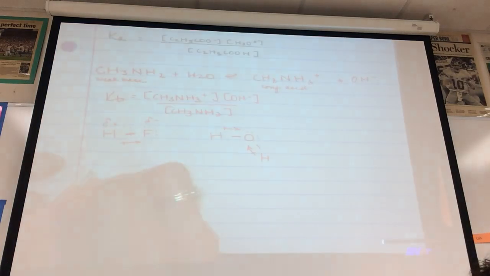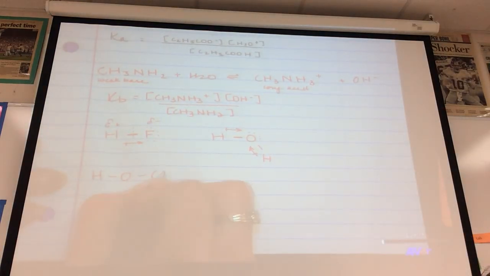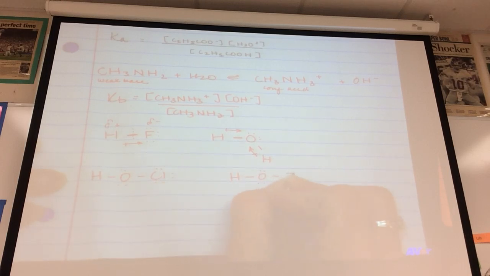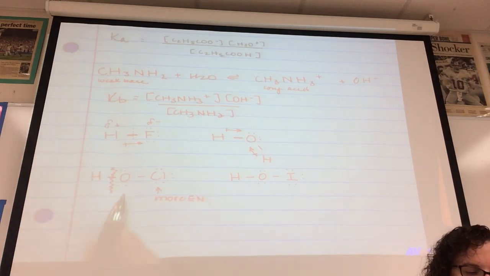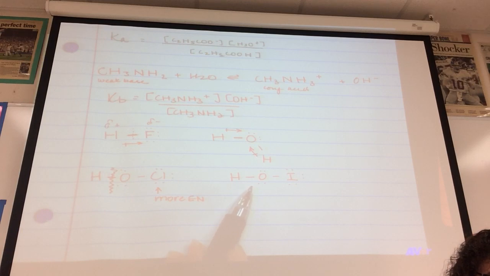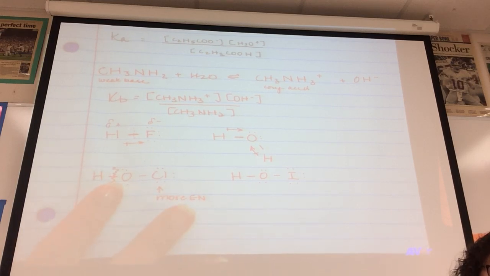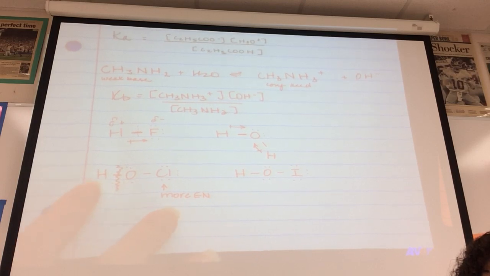For example, if you were looking here versus here, chlorine is more electronegative, and that results in a weakening of this bond, more easily severed. This is a stronger acid than this. So for ternary acids, it's based on electronegativity as well. Be careful there.